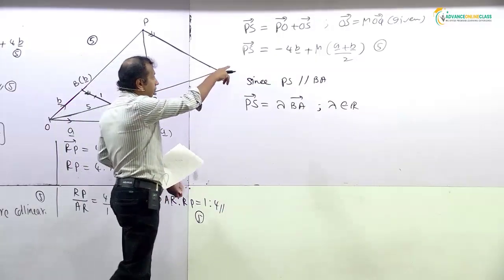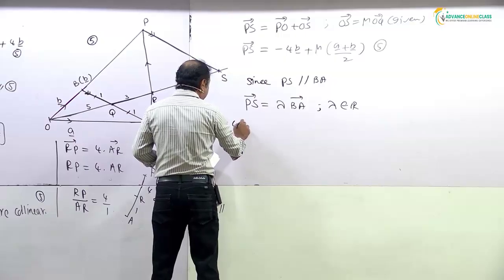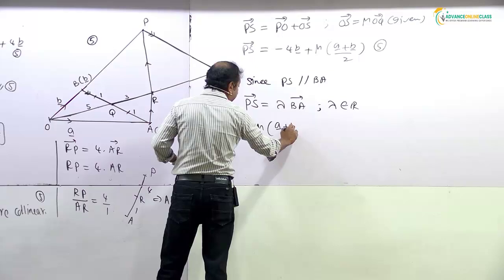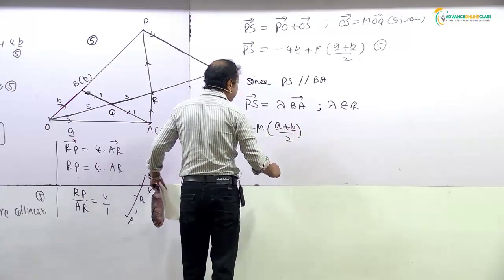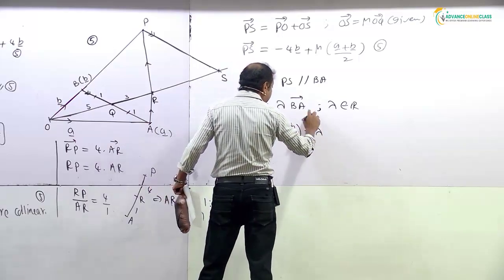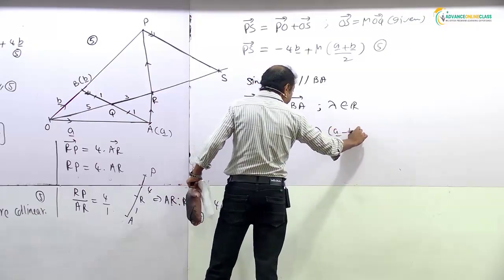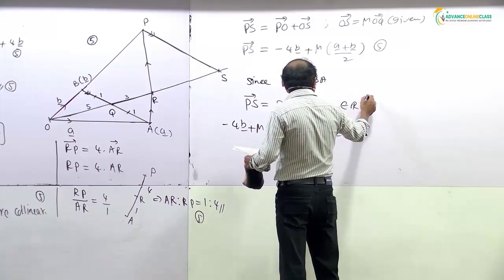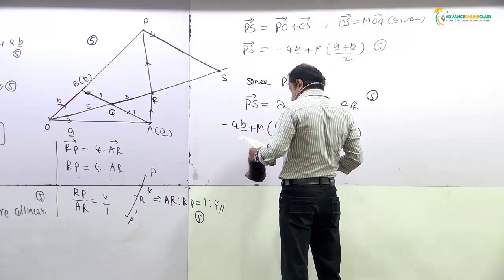Substitute for PS: minus OB plus mu times A plus B by 2 equals lambda times the BA vector, which means A minus B. For this we get 5 marks.